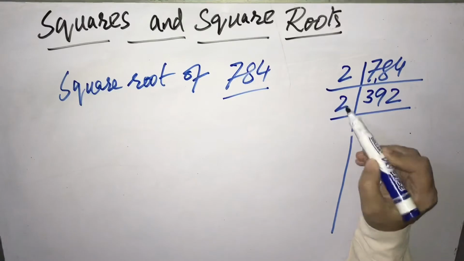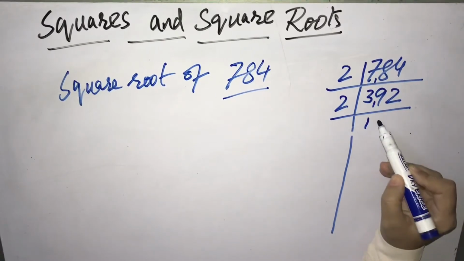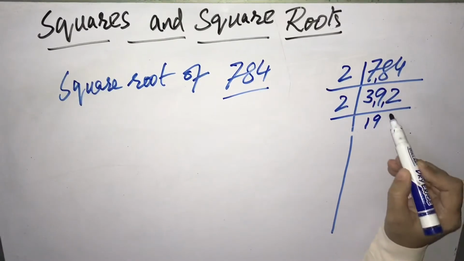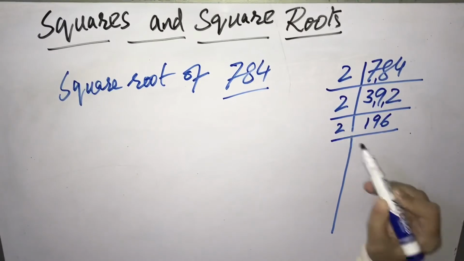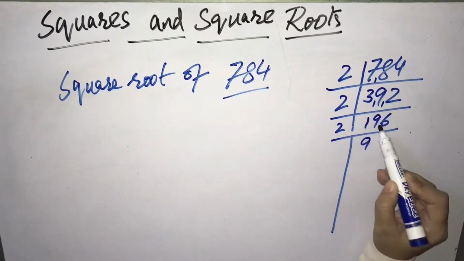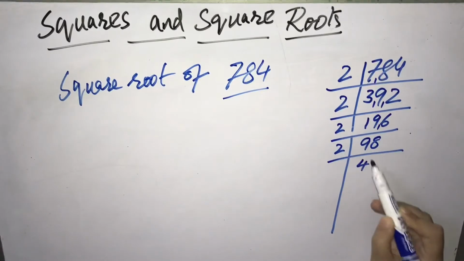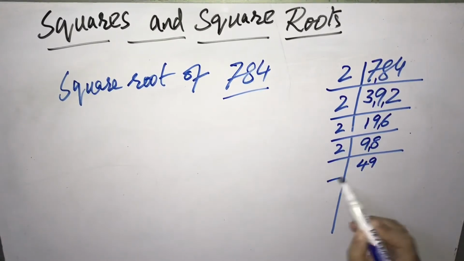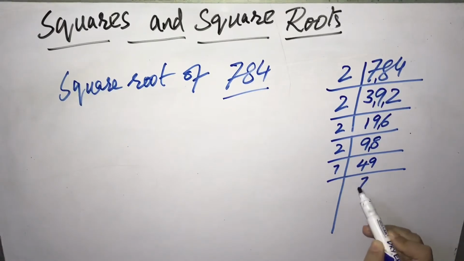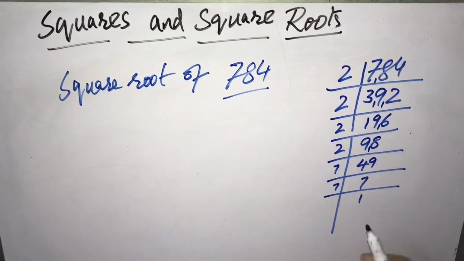Again with 2, 2 1s are 2, 2 9s are 18, 2 6s are 12, 2 9s are 18, 2 8s are 16, 2 4s are 8, 2 9s are 18, 7 7s are 49, and 7 1s are 7.